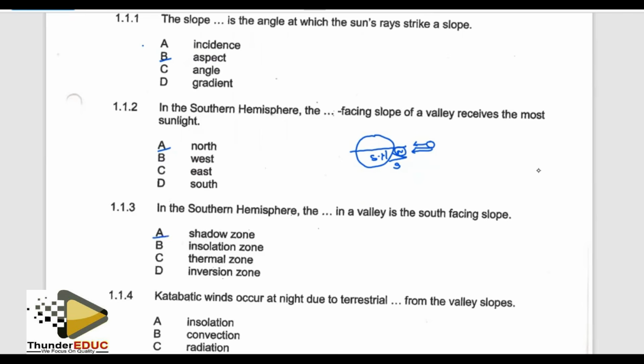What does that mean? It means that the shadow zone is obstructed and does not receive direct heat. Therefore, it will have shade, or that side will be much cooler. That is why we say in the southern hemisphere, the south facing slope of the valley will be the shadow zone.